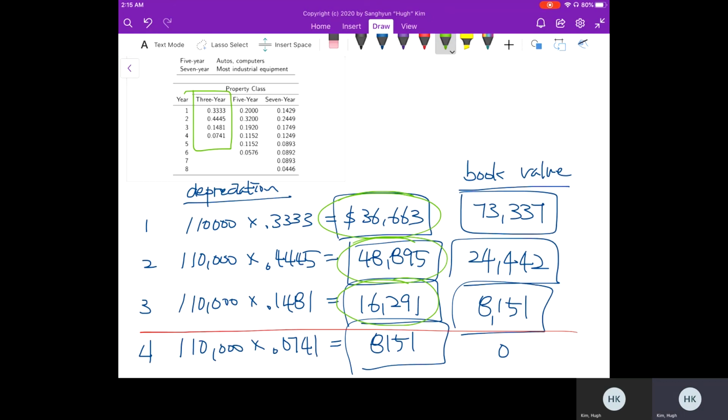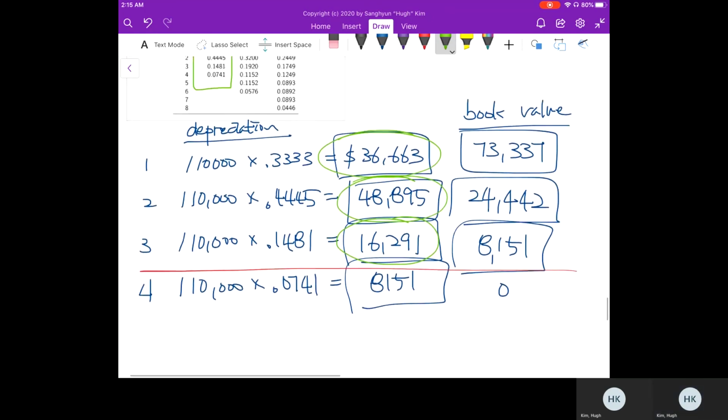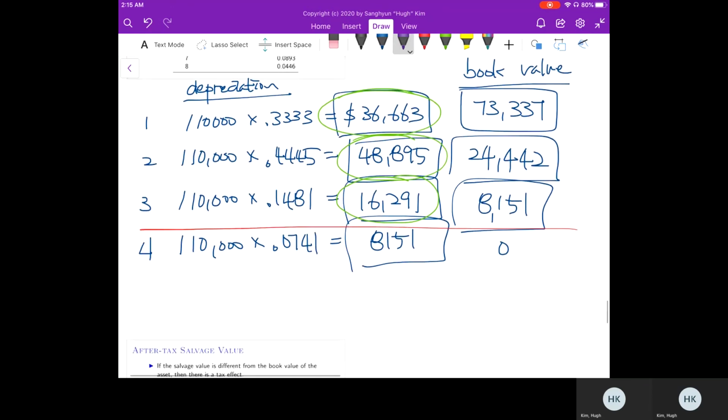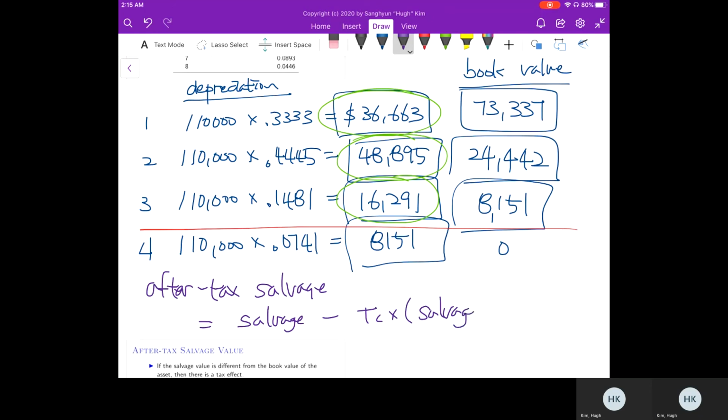How about the after-tax salvage value? The after-tax salvage value will be salvage value minus tax rate times the salvage value minus the book value.